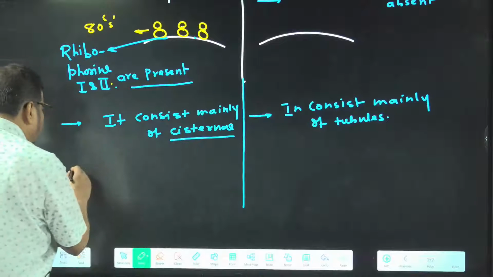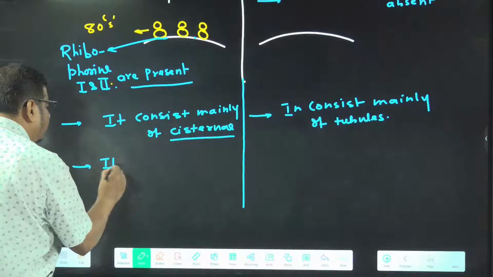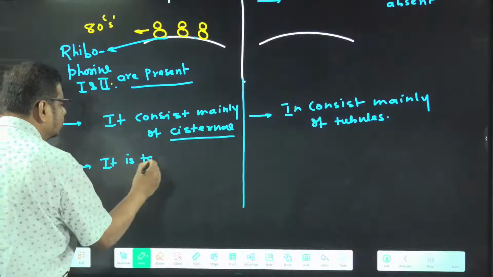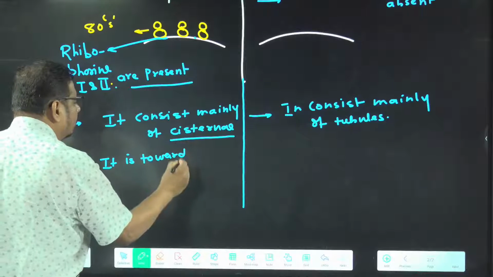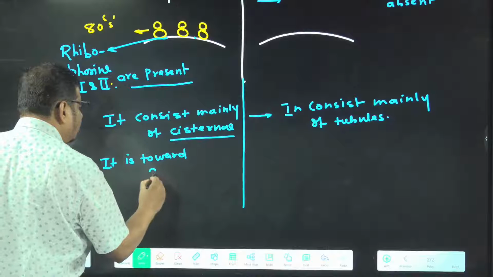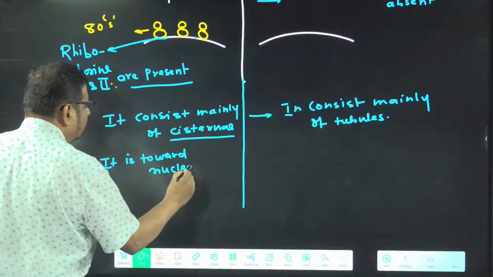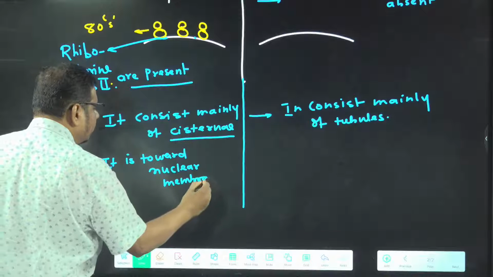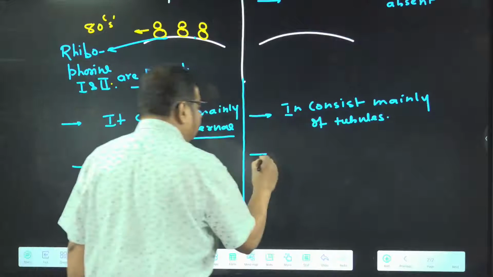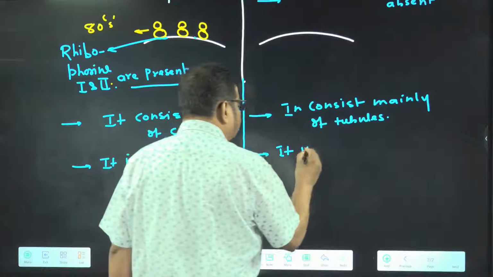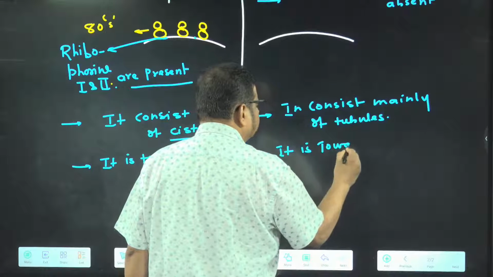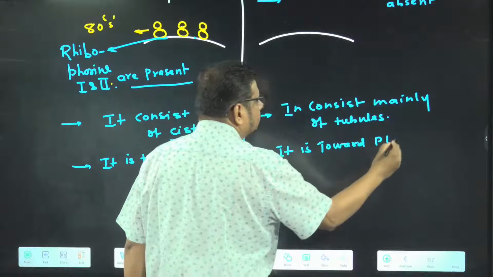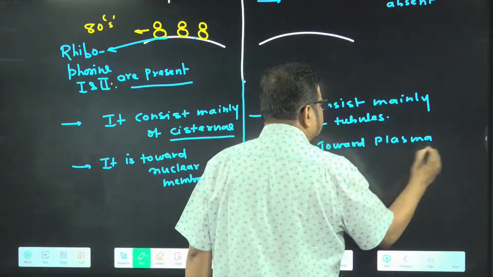If you talk about RER, it is toward the nuclear membrane, because everywhere reticular structure is there, no? So it is toward the nuclear membrane. If you talk about SER, it is toward the plasma membrane.